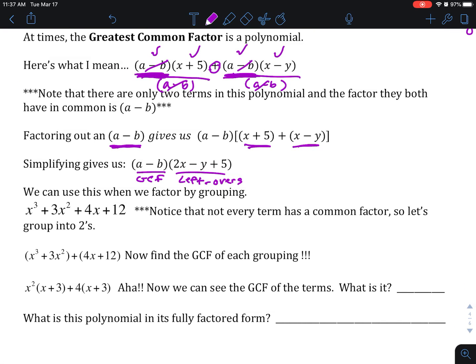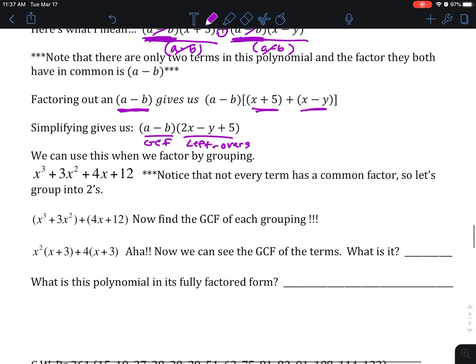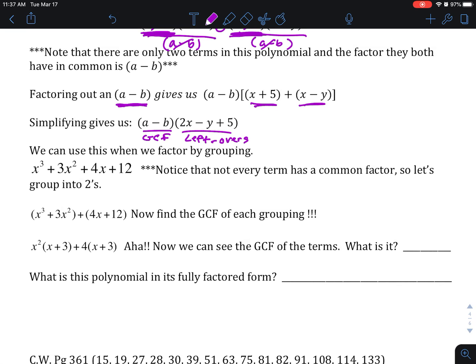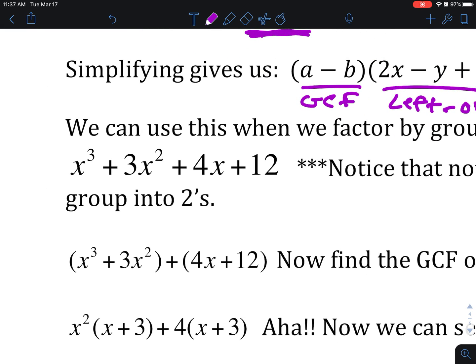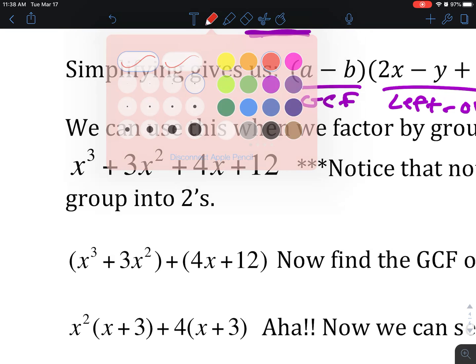Now, the polynomial we started with was already written in a partially factored form. Each of the terms was already written in factored form, but that's not always going to be the case. So let's consider this polynomial: x cubed plus 3x squared plus 4x plus 12. Notice we have four terms.